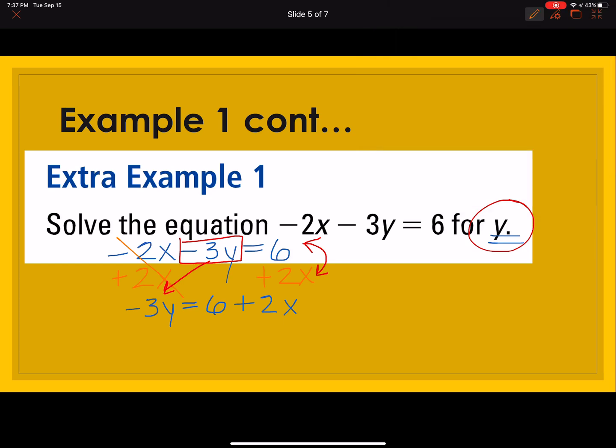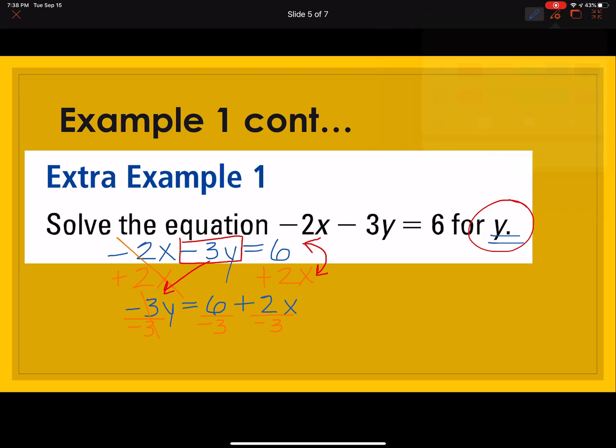Okay, at this point, again, I'm trying to isolate y, so I'm going to divide by negative 3. And when I go over to the other side of my equal sign, I need to divide every term by negative 3. That's going to put it in simplest form for me.